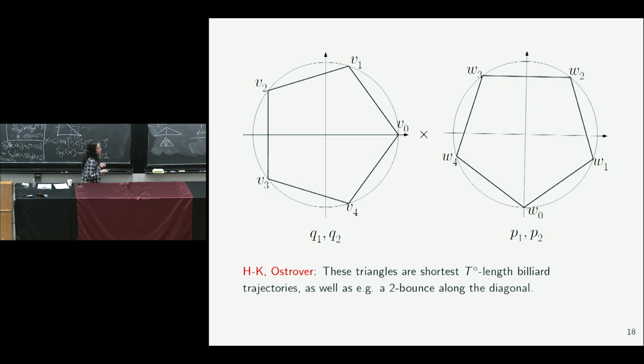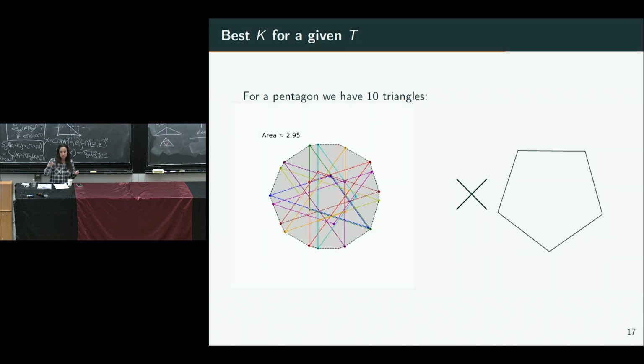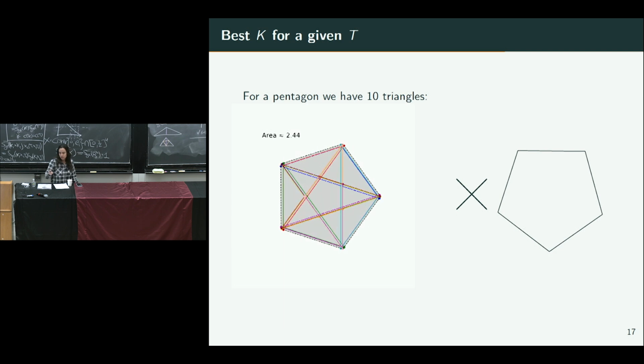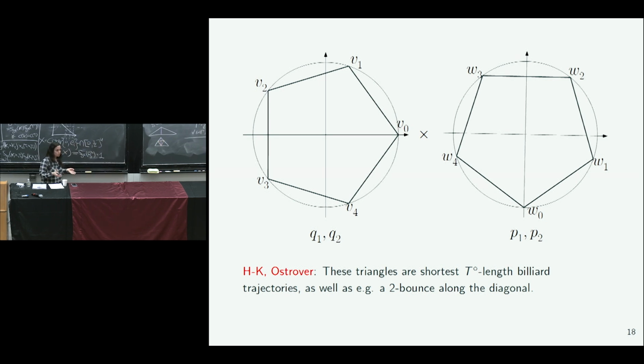And the minimal action of this example would be achieved by the triangles we saw before, the ones coming from adjacent edges. But there will also be additional minimizers. For example, 2-bounce trajectories will minimize the action. So going from one vertex to another along the diagonal will also give us a minimizer.